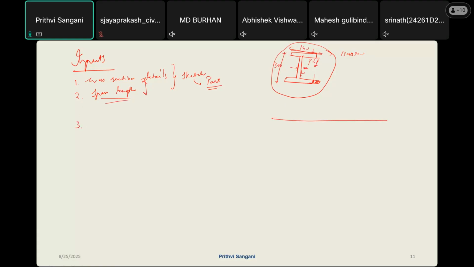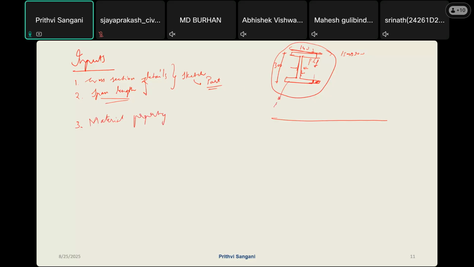So first you do the model. Next, what is the further information you need? First is the cross section details. Next one is the span length of the beam or column, whatever it is. Third one is material. What is the material property of this member?